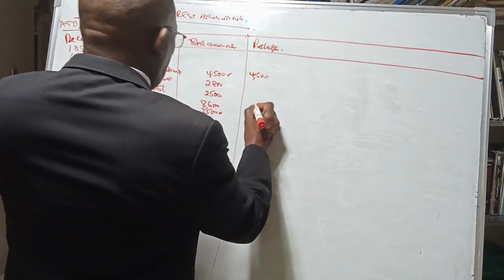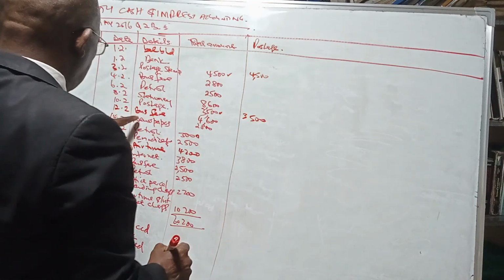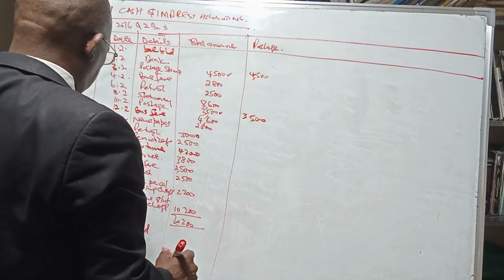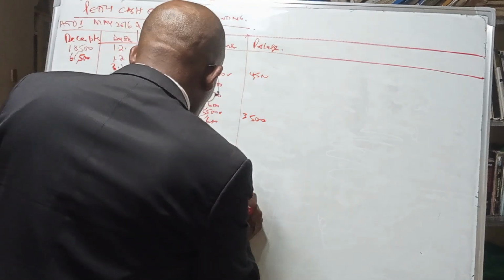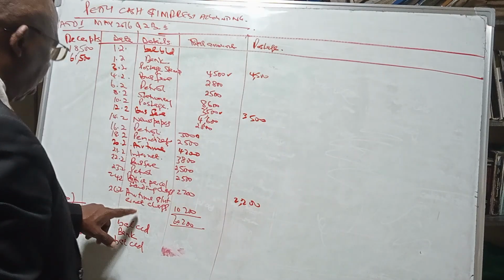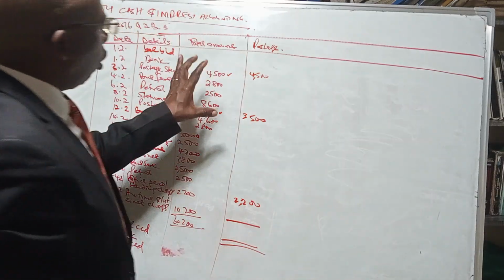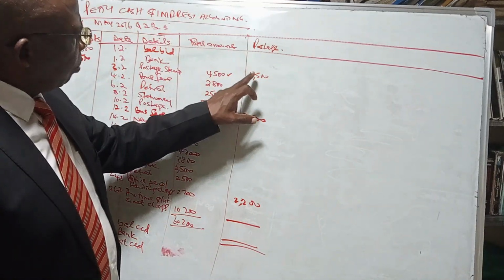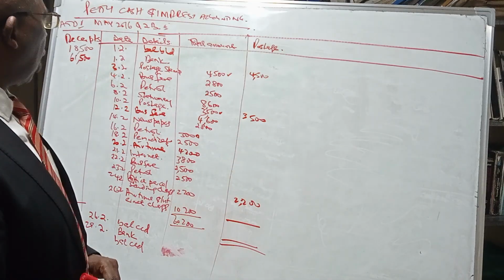We have captured this one, 3,500, and parcels, 2,200. Those are the postage. The money we have spent on postage is 4,500 plus 3,500 plus 2,200.